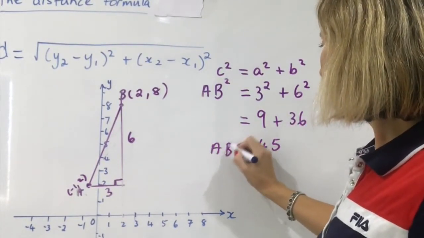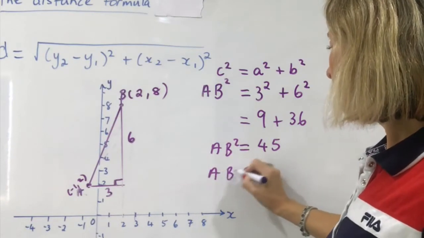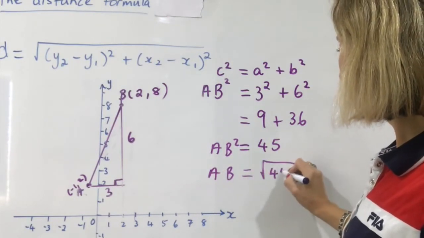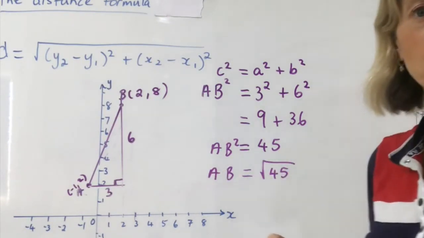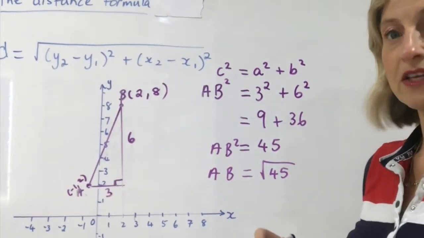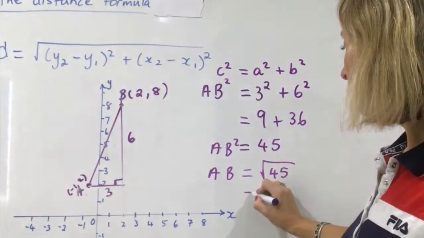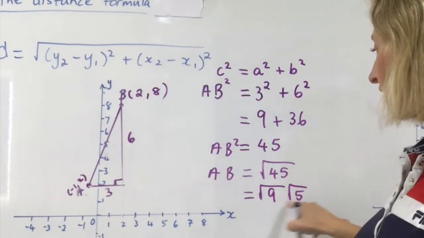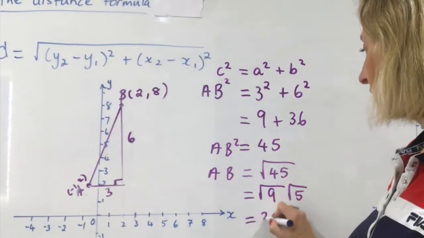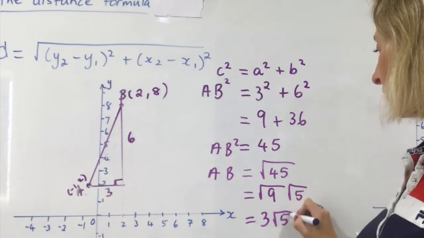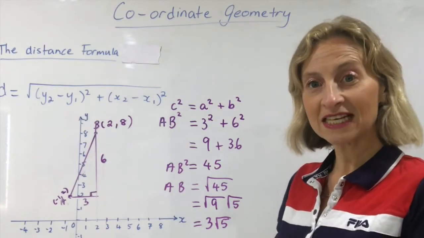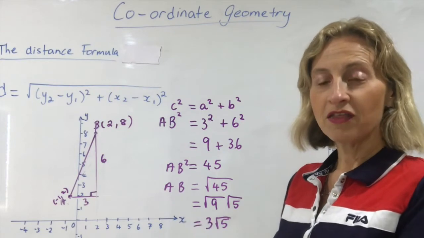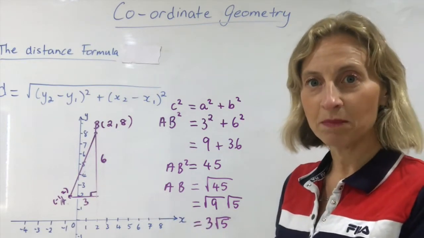That's AB squared. So AB equals the square root of 45, which depending on if you've done surds or not, you would either leave your answer as a decimal, or you would say that's the square root of 9 times 5, because 9 times 5 is 45, and then the square root of 9 is 3. And that's the exact length of the interval joining A and B.